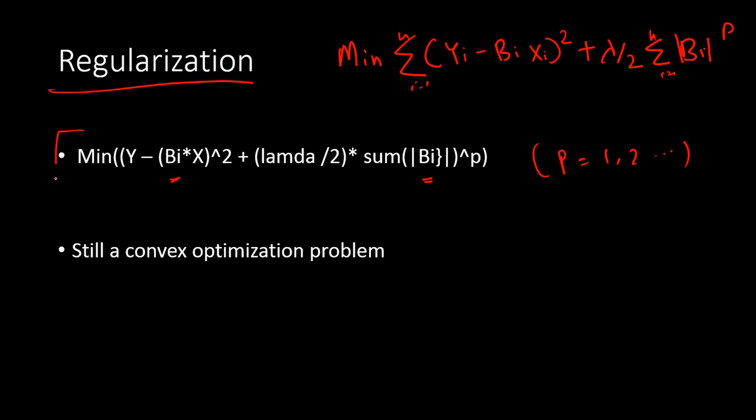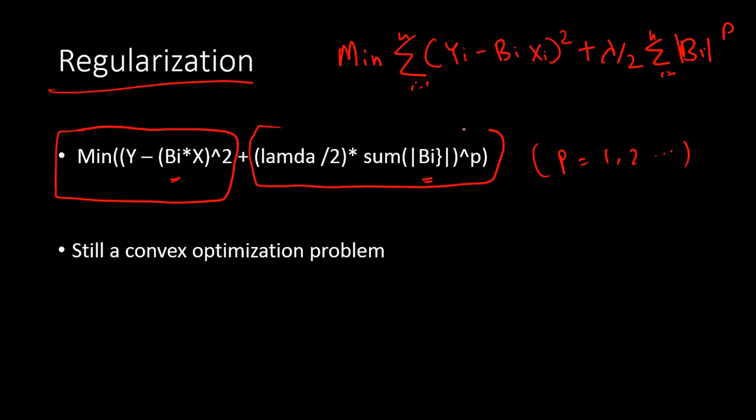Now we have this least square function in place. That's a cost function. In a simple optimization, we minimize the least square function, which is a cost function in this case. When we add the regularization, we actually add another term to the optimization function.